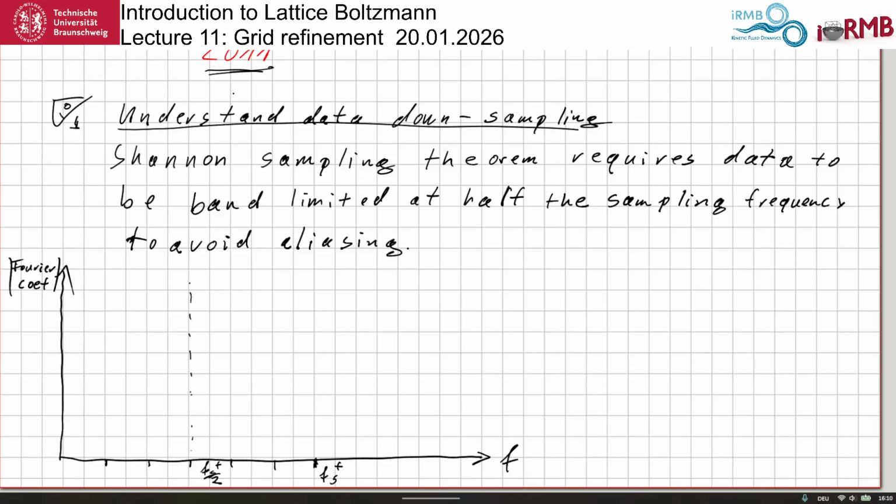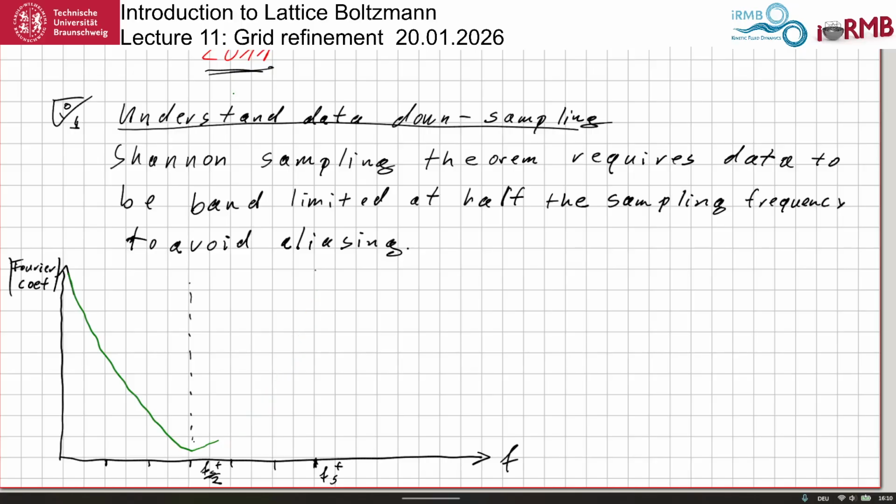So what happens with sampling, and say this is now your signal? What sampling does is it generates a mirror.